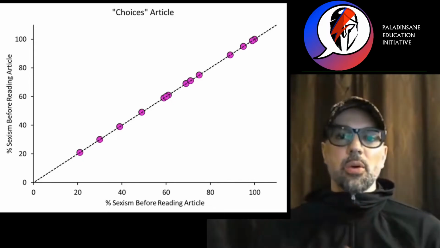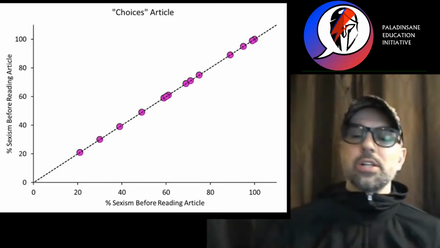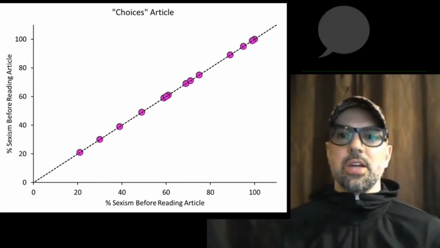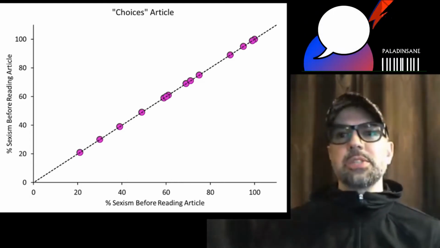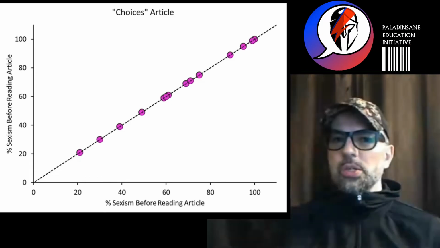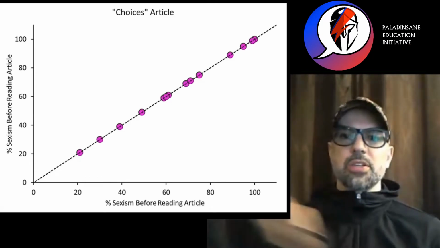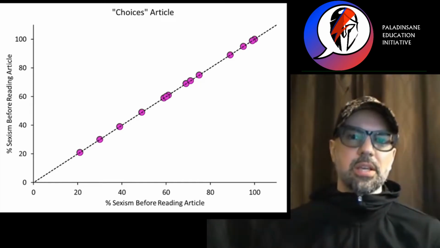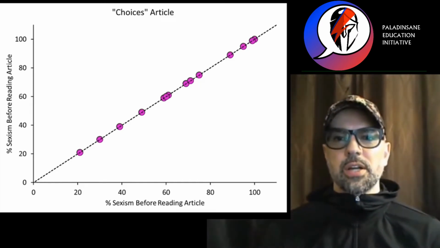And you can see it goes all the way up to 100%. A few students in our study thought that the gender pay gap was 100% due to sexism in the workplace. That shows you the degree of personal beliefs prior to reading the choices article.